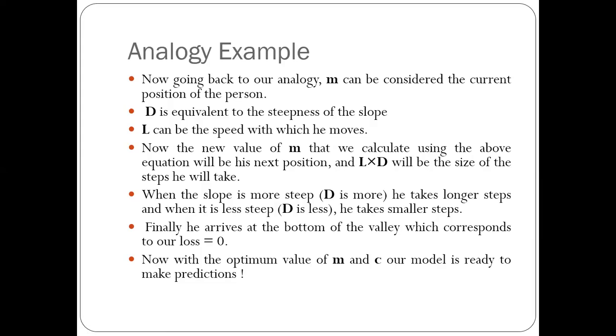This only decides what the next position of that particular person is. The person will continuously update his position from one location to another until he reaches the minimum value here in our analogy, until he reaches the bottom of the valley.